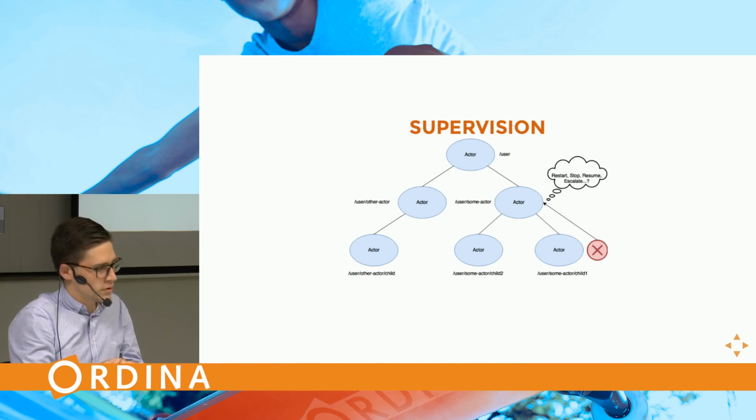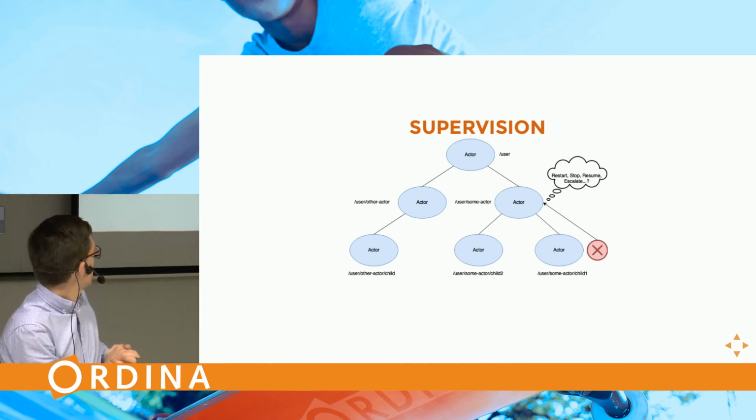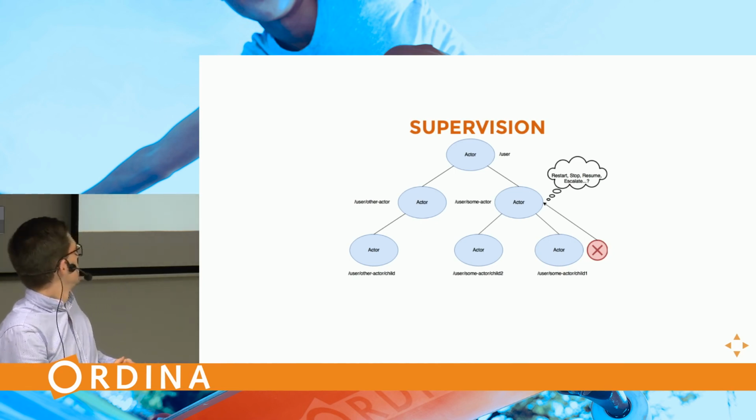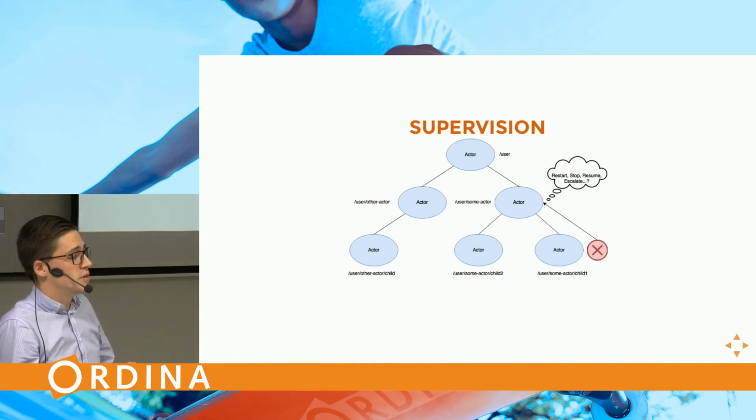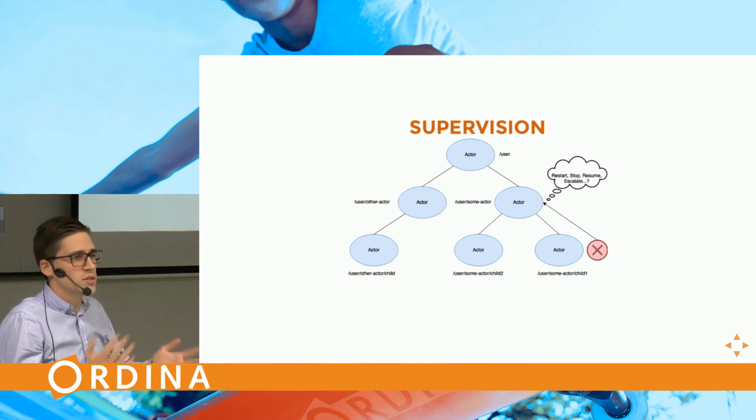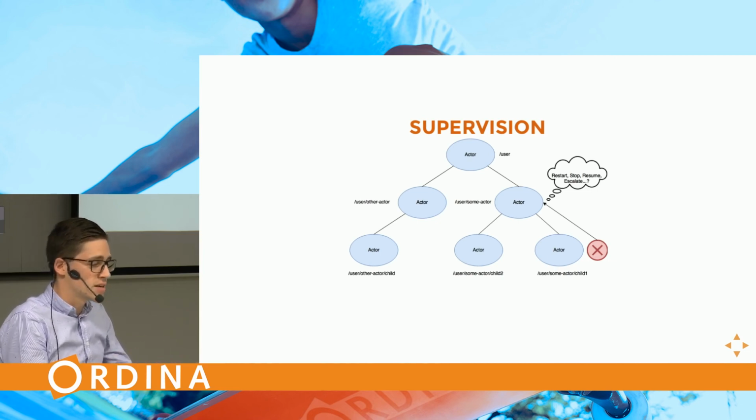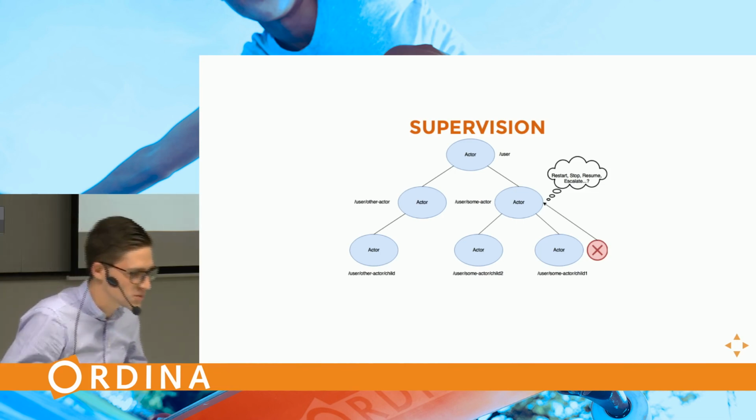So imagine that at the bottom right we have our child1 actor. The X means that it has just encountered a failure. For example, it tried to access a database, but some way or another the connection to the database broke down, and the actor is now unable to access the database, and it encounters the generic database not found exception, or whatever it might be called.